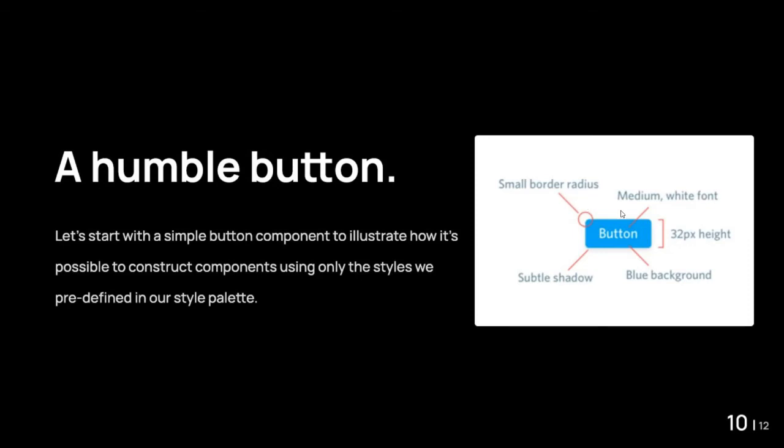You can see that in the button I gave it a small border radius, a medium white font, 32 pixels of height, and a small subtle shadow for the button, and blue color for the button. And I assume that blue is my primary color. So this is how we design a component. I just gave you the example of a button, and you can create as many UI components as you want from the principles that we defined earlier.